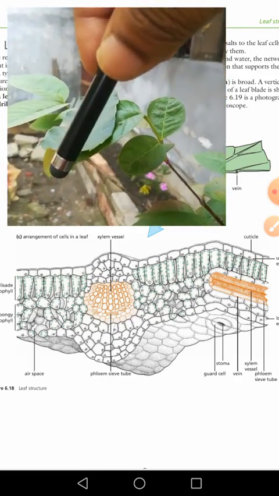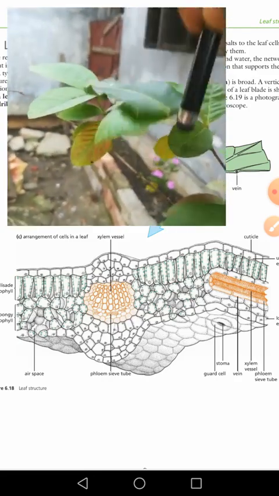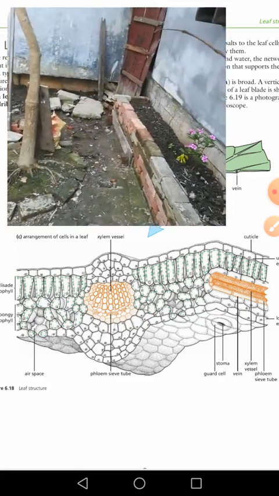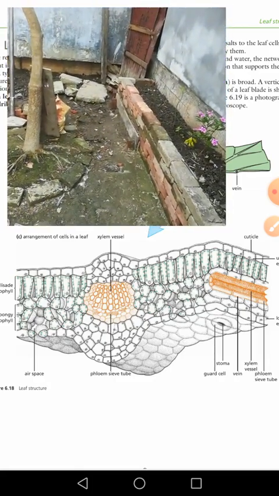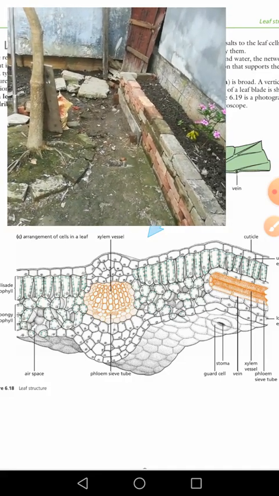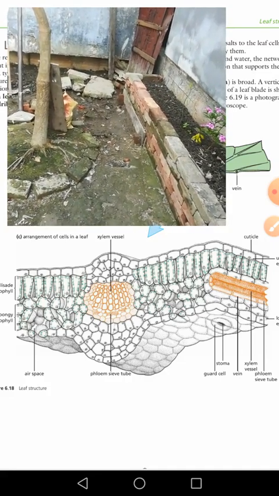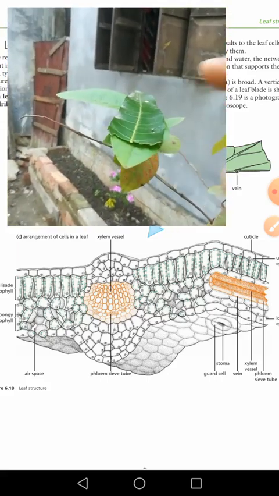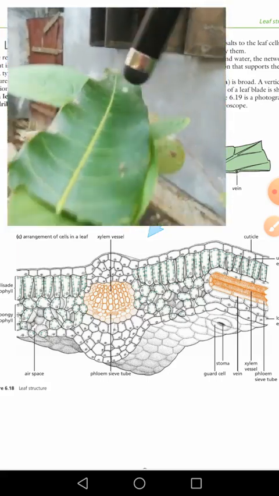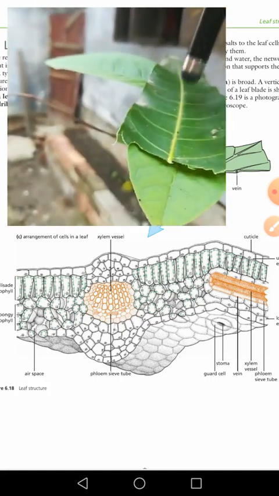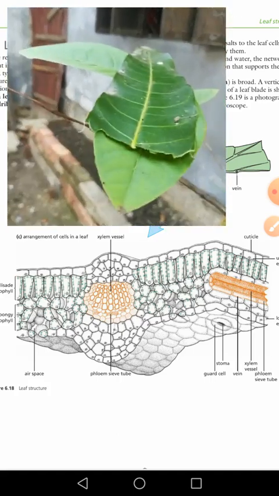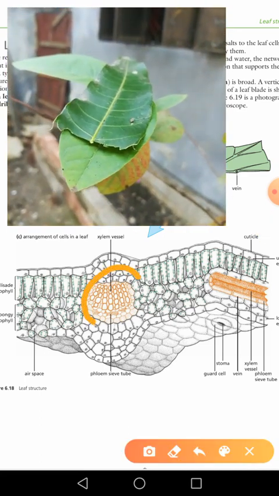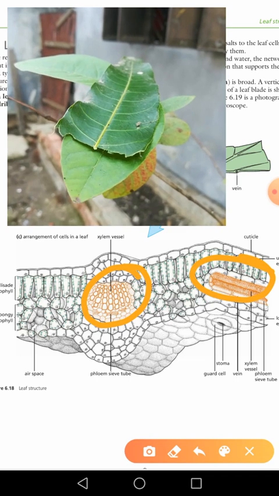This part, the midrib and the veins, they consist of these parts like this one and this one.